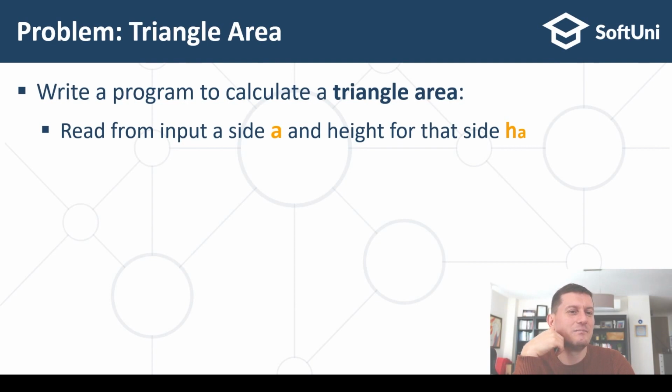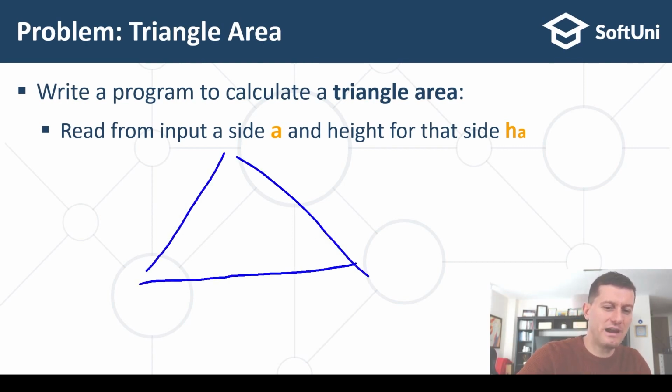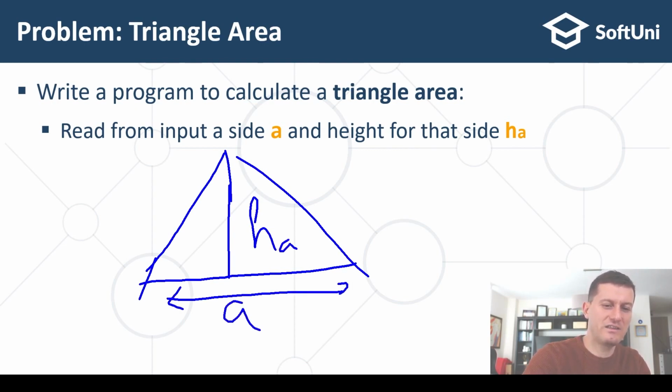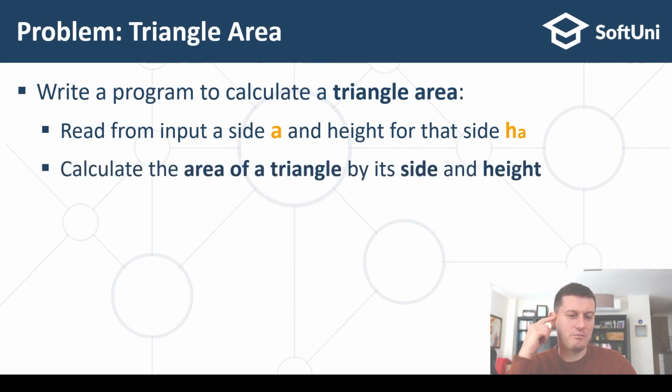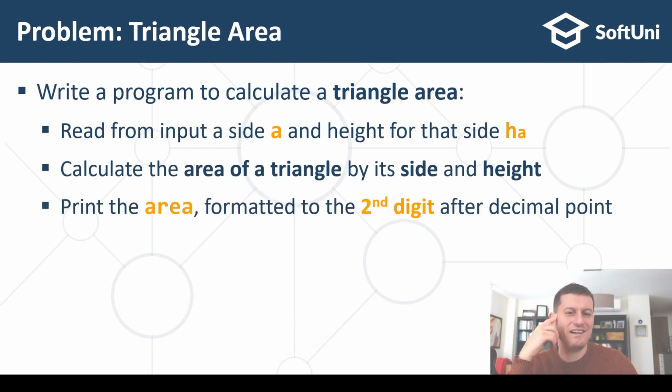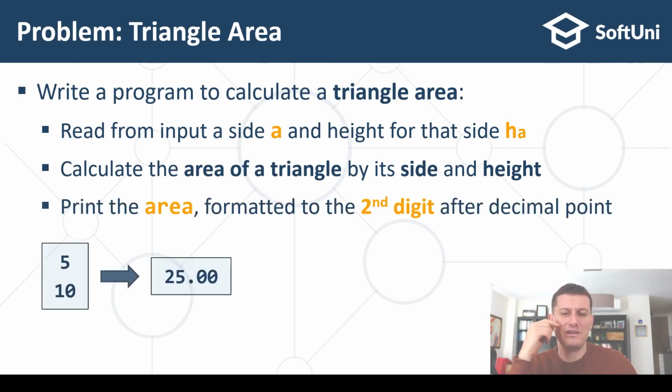The next problem is calculating the area of a triangle. So we read the side A and the height of side A. So let's have a drawing. If we have a triangle and we have this H, and this A is the side and this is the height, we multiply them by the well-known formula, multiply them and divide by 2, and we'll calculate the area of the triangle, and we need to print it with 2 digits after the decimal point.